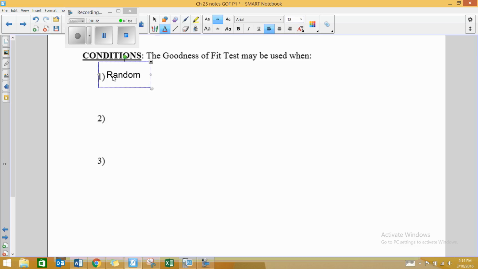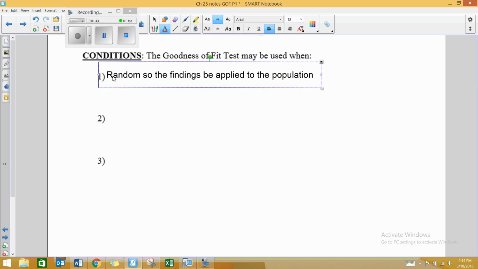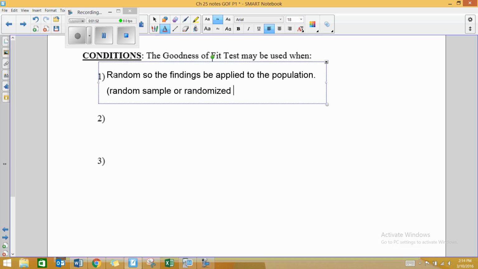So random allows us to apply the findings to the population. And that can be satisfied in a couple different ways. We can have a random sample or randomized experiment.